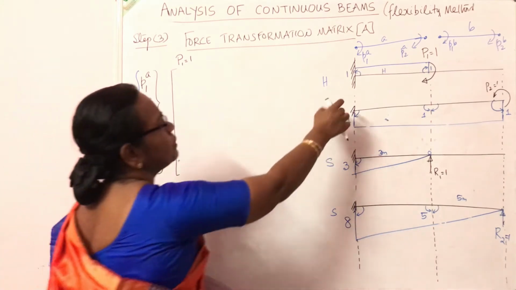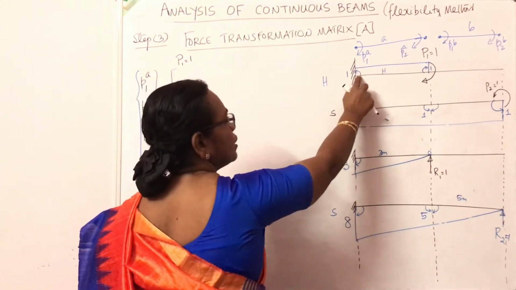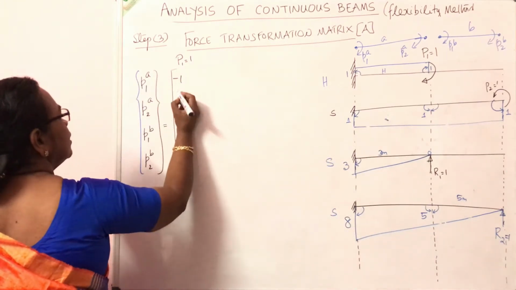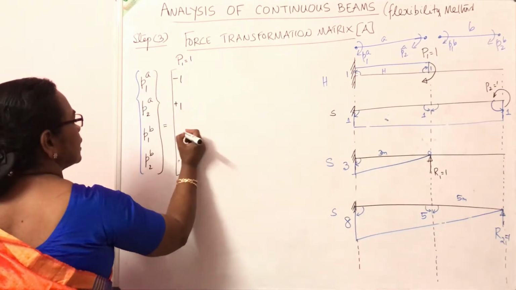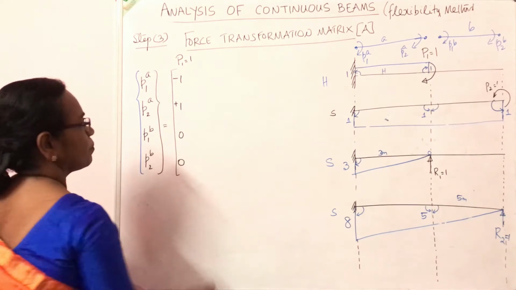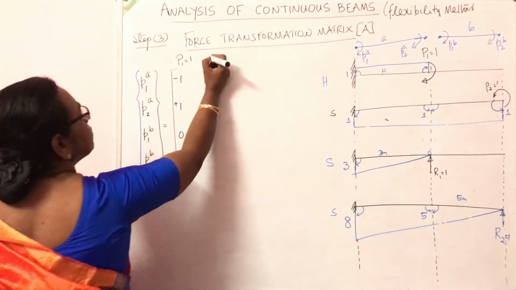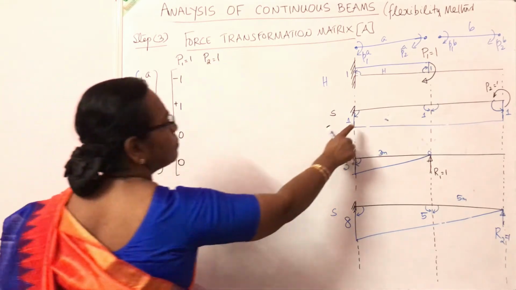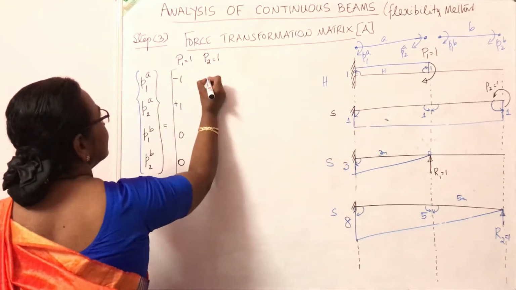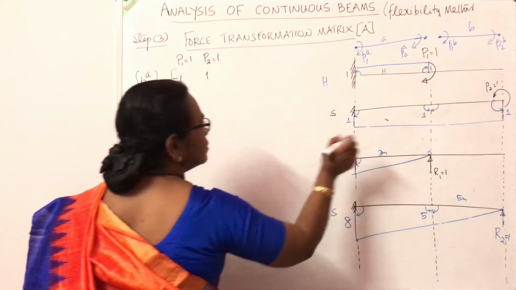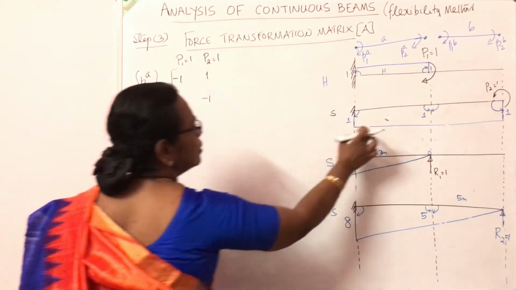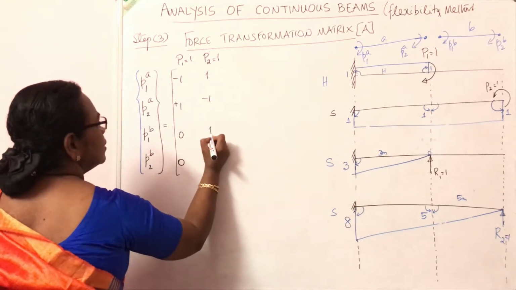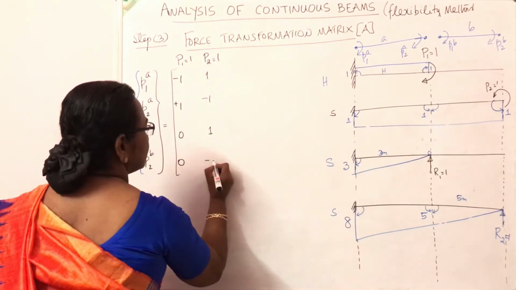So for the first element, at this end it is minus 1, at this end it is plus 1. So minus 1, plus 1. For the second element it is 0, 0. Similarly, by applying P2 equal to 1, for the first element it is plus 1, at the second end it is minus 1. For the second element, plus 1, minus 1.